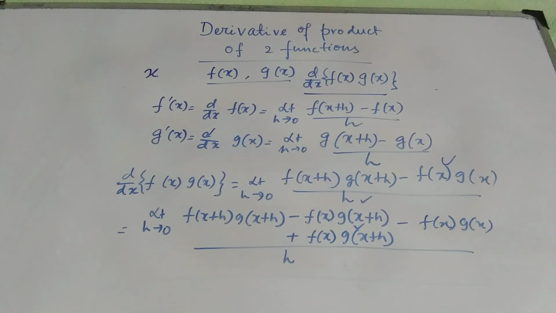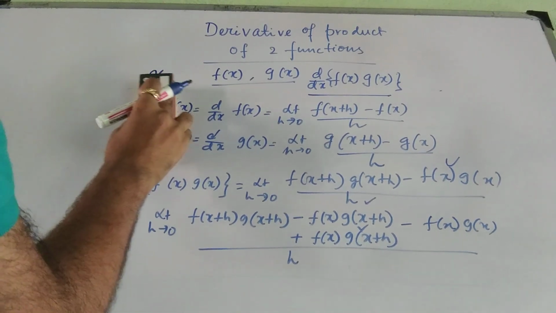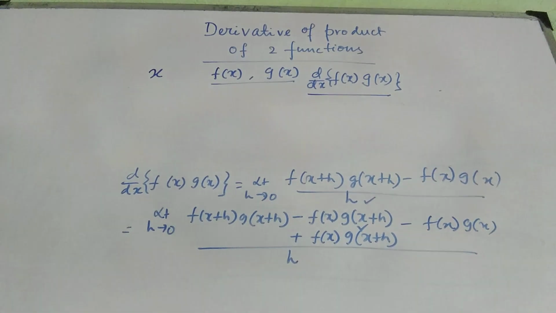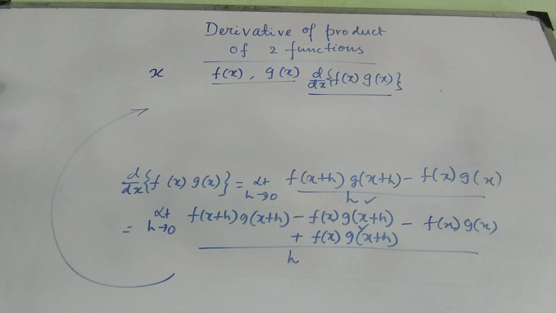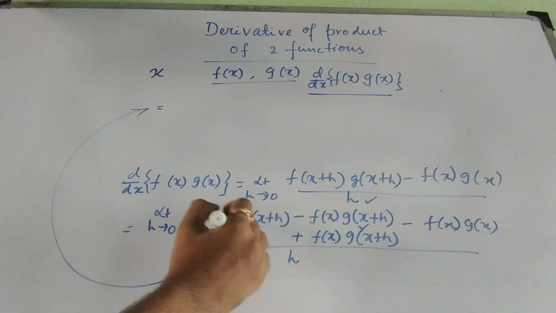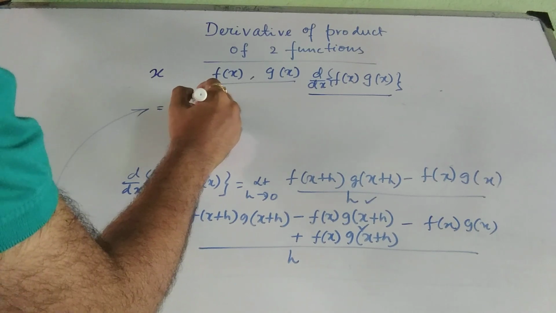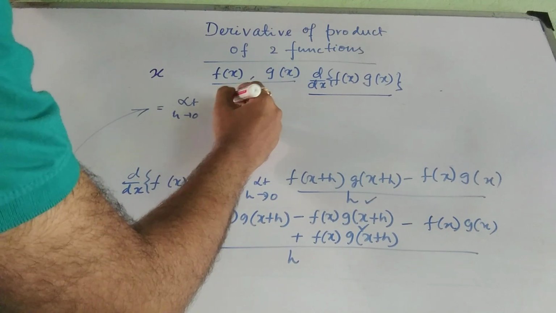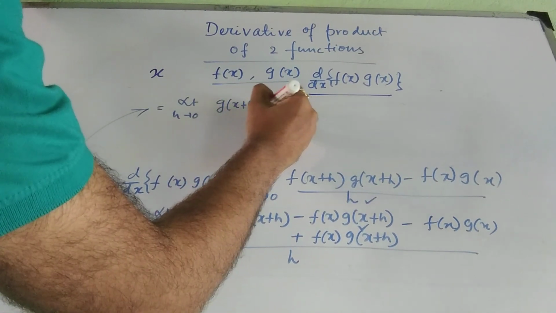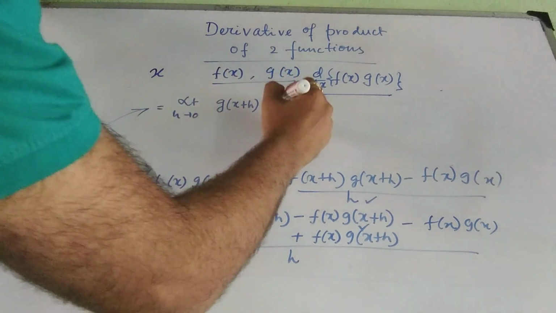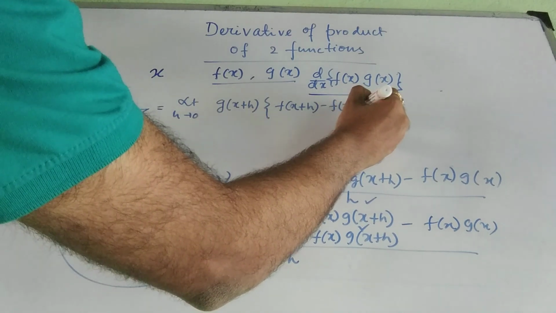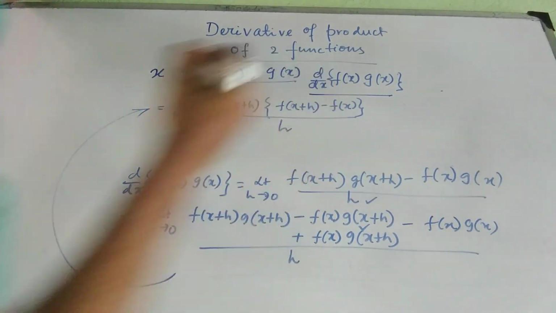This will be my final expression to evaluate the derivative of the product of two functions. Now I am removing this part and I will show you the next steps in the upper section. I am writing it once again here. From the first two expressions, if you take g(x plus h) common, the limit h tends to 0 of g(x plus h) times f(x plus h) minus f(x), whole divided by h.